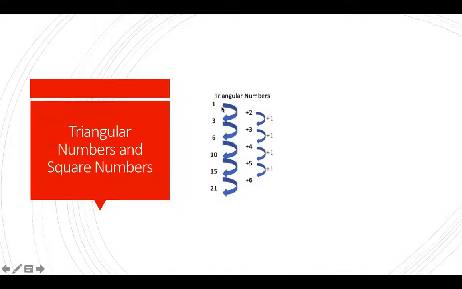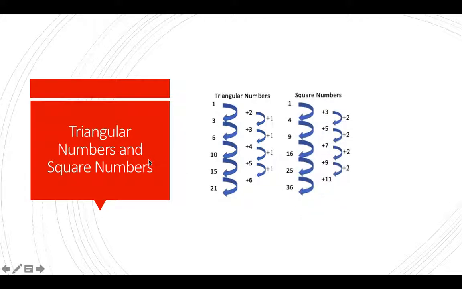But if we take a look at what's going on here, we add 2 to get from 1 to 3, then we add 3 to get from 3 to 6, and I'm adding 2, 3, 4, 5, 6. The number that I add changes by positive 1 each step. On its own, this might not be the biggest revelation until we take a look at a similar chart for square numbers.